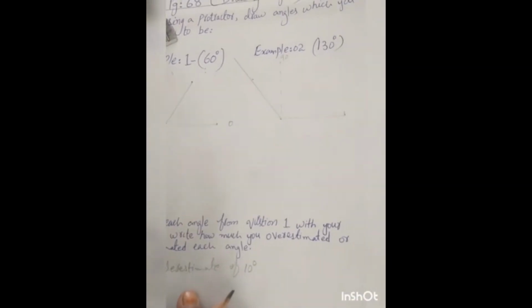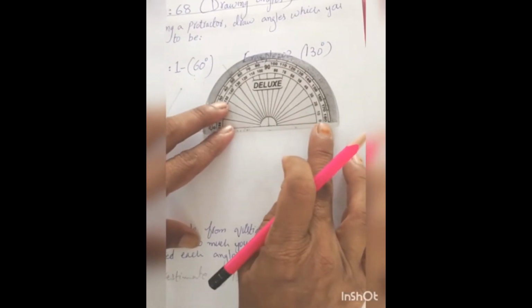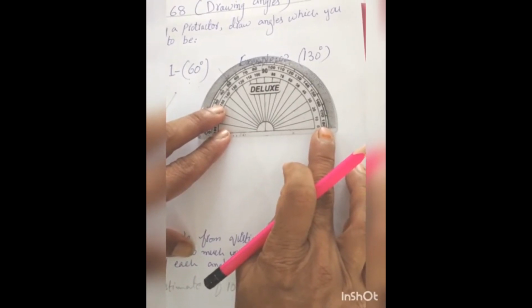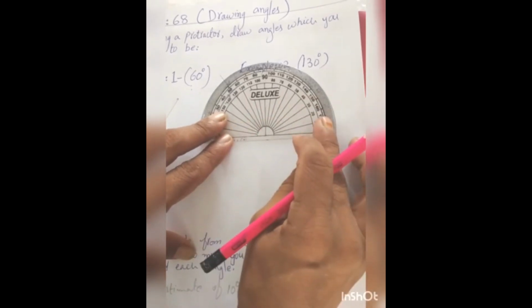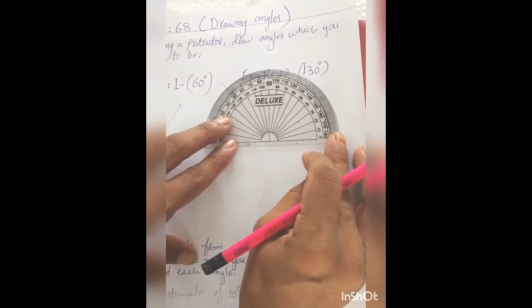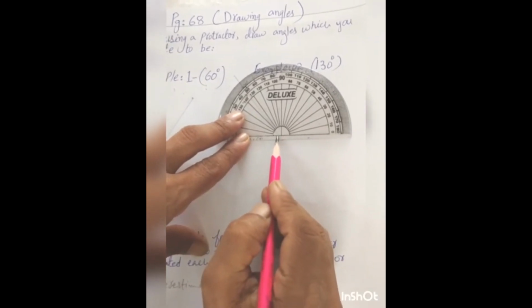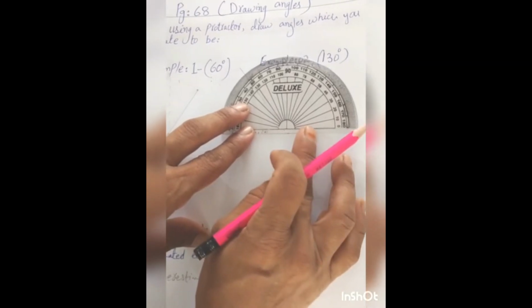Now we will measure this example number 2, the 130 degree angle, like this. The center must be on the center and the line must be on this line.